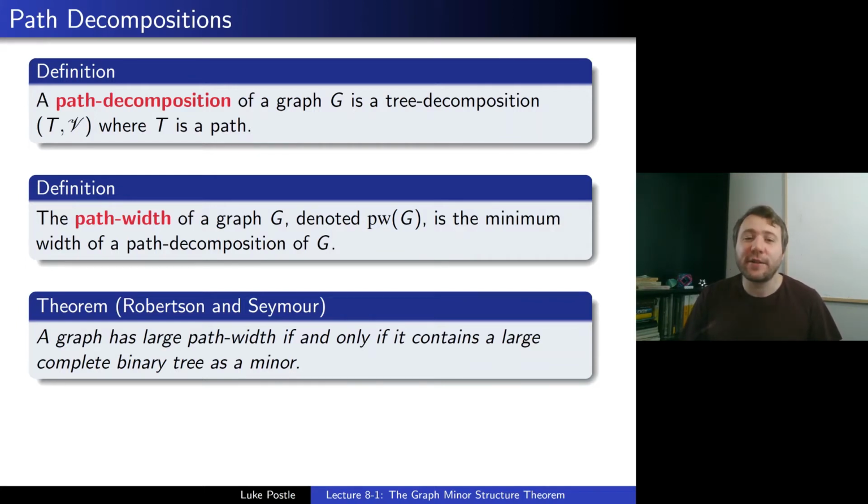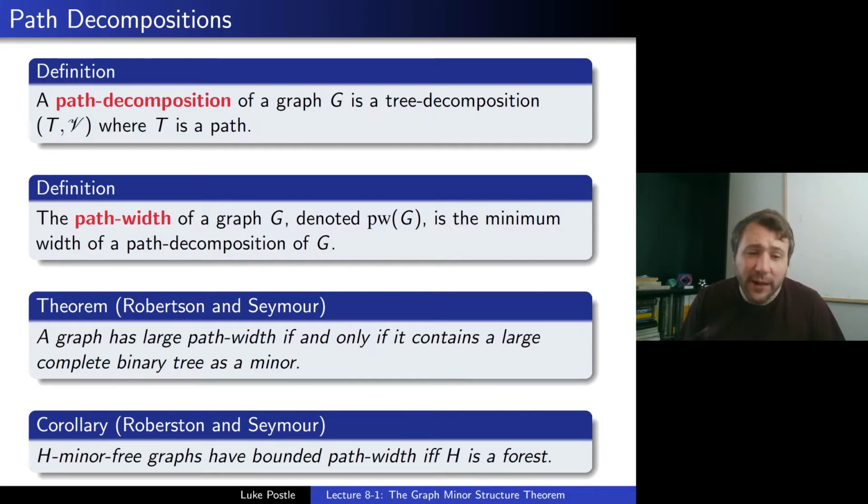But here it turns out what things don't have nice path decompositions, or low width path decompositions, are the complete binary trees. They're too tree-like to admit low width path decompositions. So that's one analog. It's not that hard to prove. It's easier than the grid theorem, but we won't go through that.